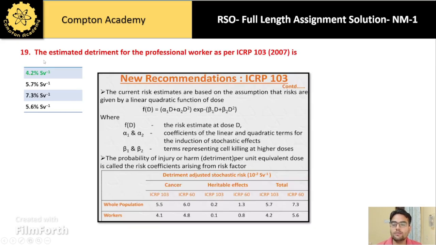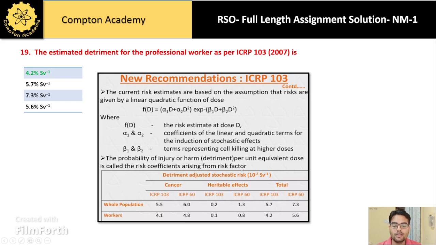Now question number 19: the estimated detriment for radiation workers as per the ICRP 103 2007 recommendation. As per ICRP 103, the radiation risk detriment estimation is based on the assumption of a linear quadratic function of dose, and the probability of injury or harm per unit equivalent dose is called the risk coefficient.